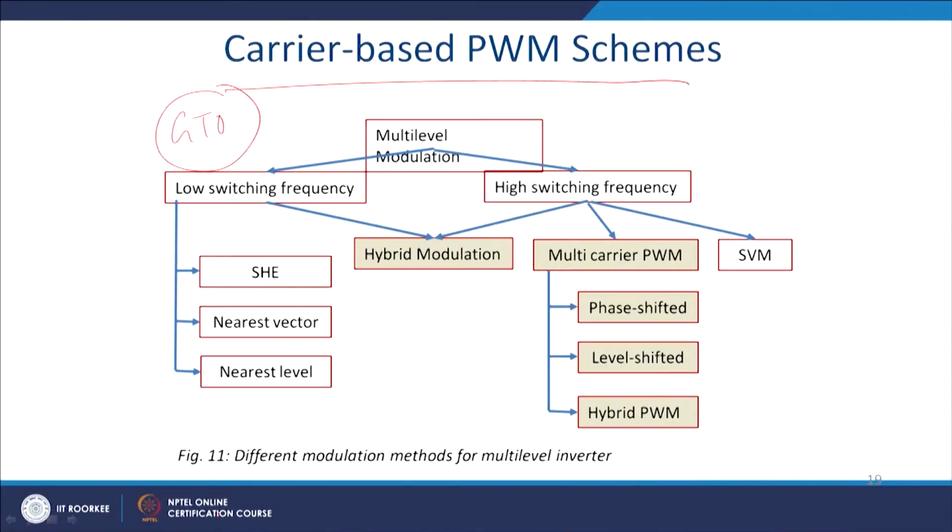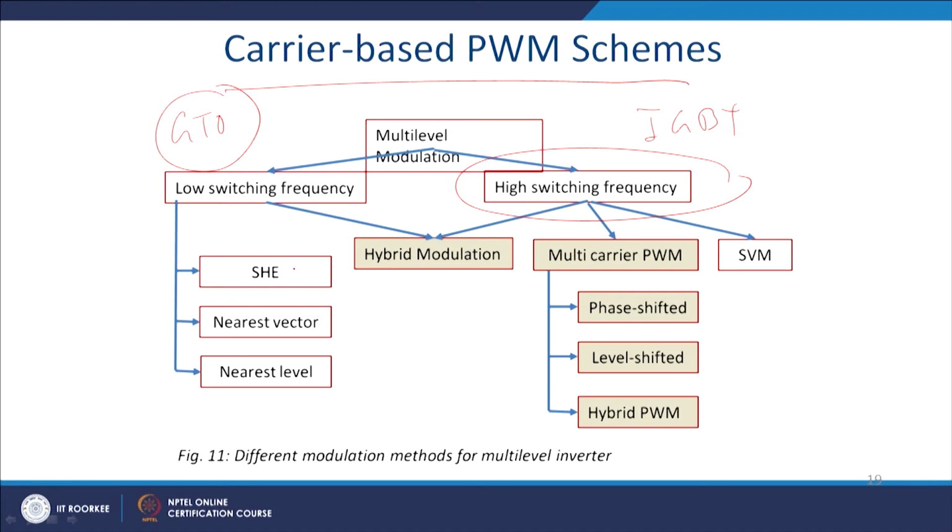So, multi-level inverter modulation can be broadly classified. Selective harmonic elimination we have discussed already. If you are using GTO for the higher rating, then we prefer low switching schemes, and for the higher switching frequency, IGBT is used, and you can go with this method.